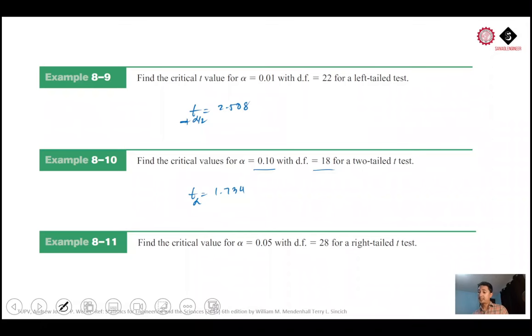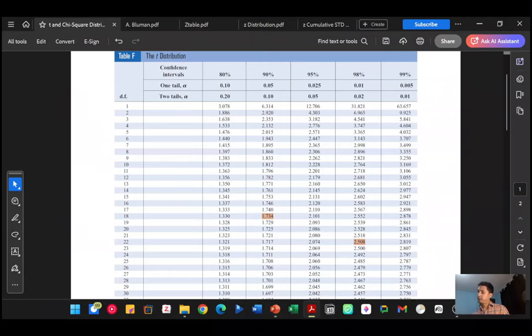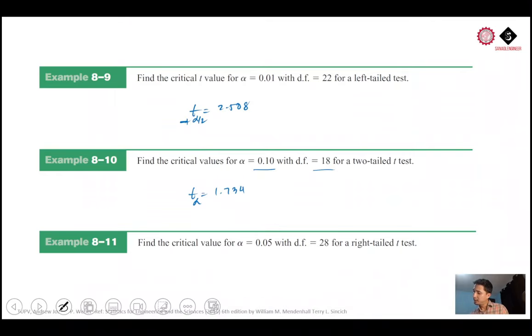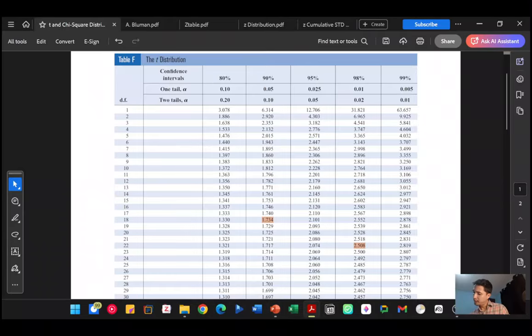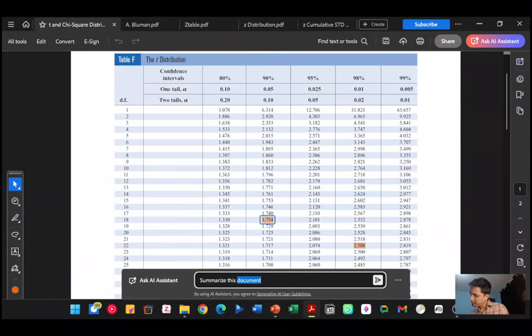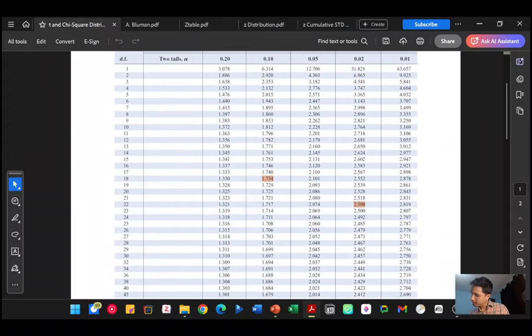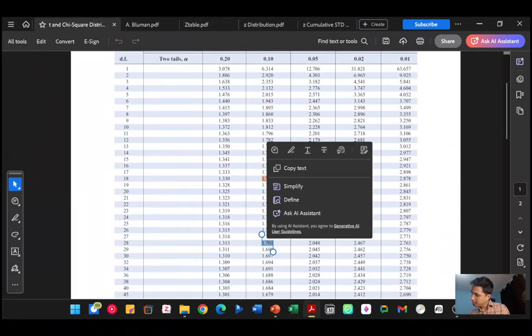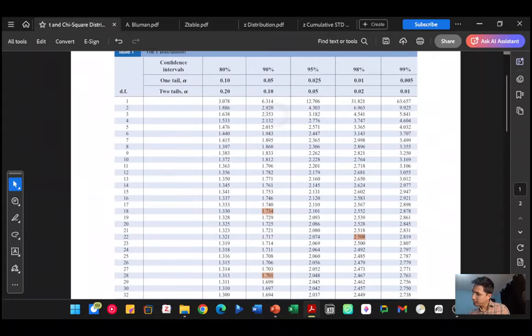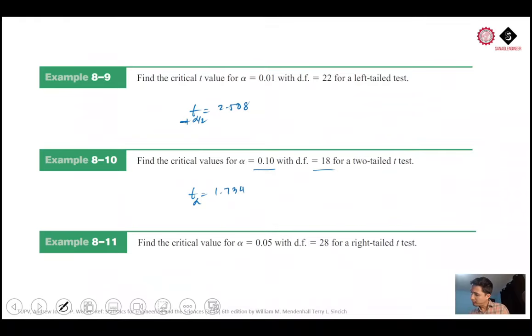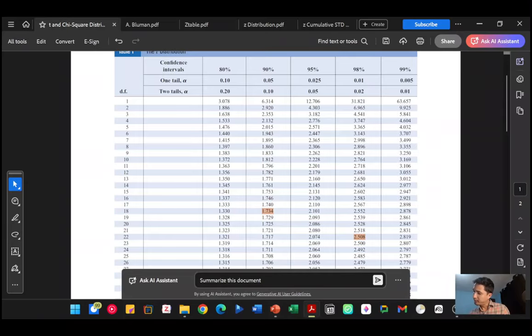And the last, find the critical value for alpha 0.05 with df 28. So 0.05, df is 28. Right-tailed, 0.05, yes, correct.